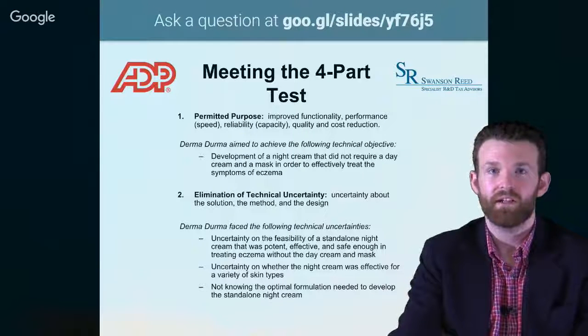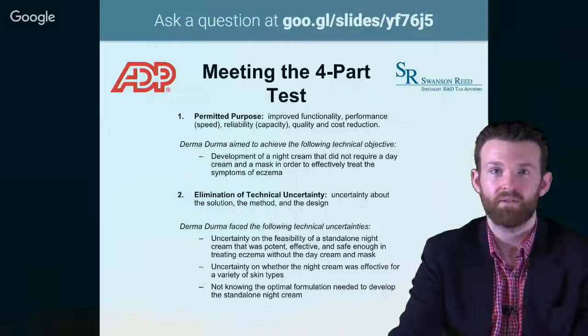So with this new project, the company is cutting back on production costs while also enhancing the effectiveness of its product by making it easier and simpler to use. As an over-the-counter product, the night cream also had to be safe to apply on any skin type without any negative side effects, and the night cream just had to have a reasonable shelf life. All of these objectives meet the permitted purpose criterion of the 4-part test.